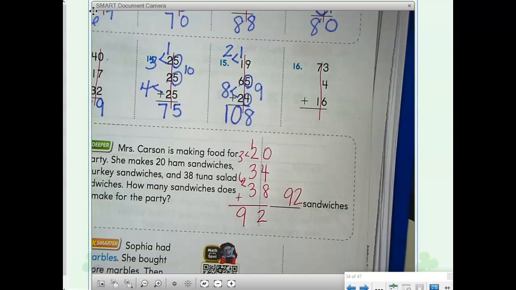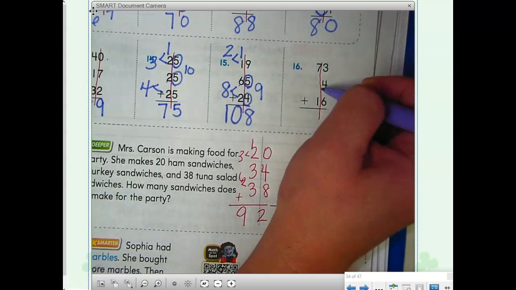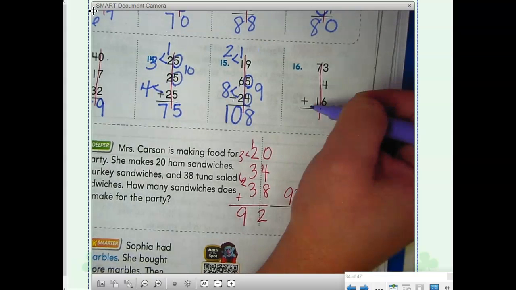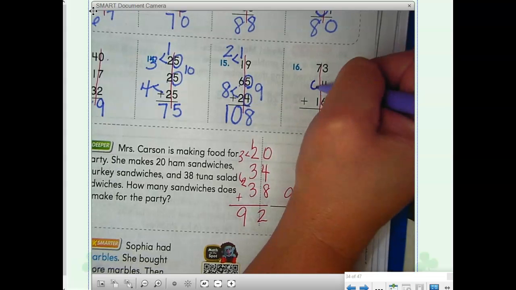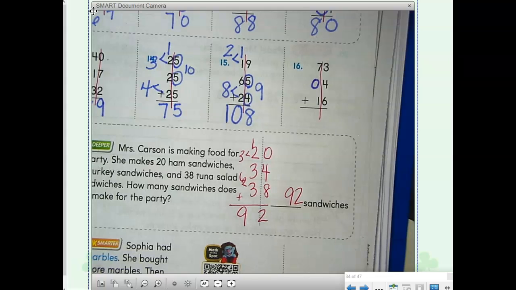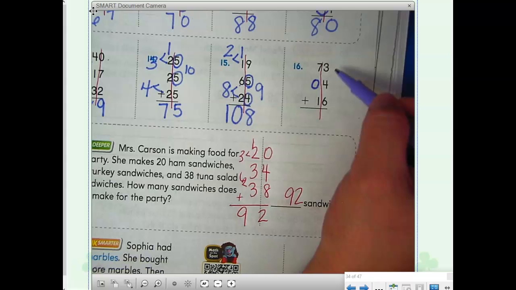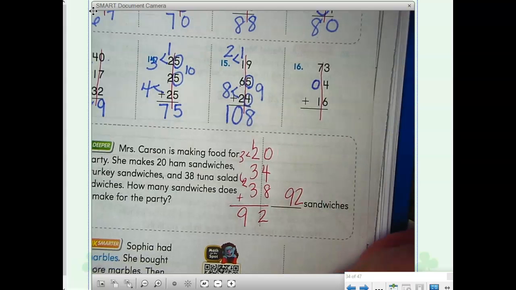Okay, number 16. 73 plus 4 plus 16. And I'm going to put a 0 as a placeholder here so I don't forget. All right, 7 plus 4 plus 6.